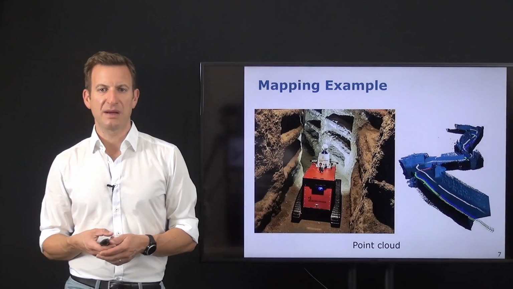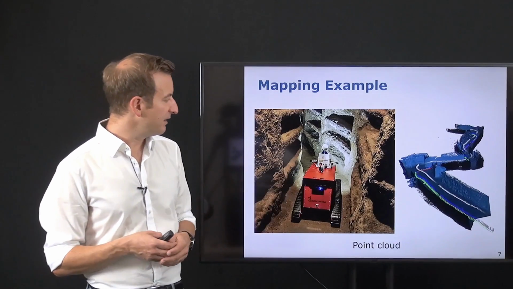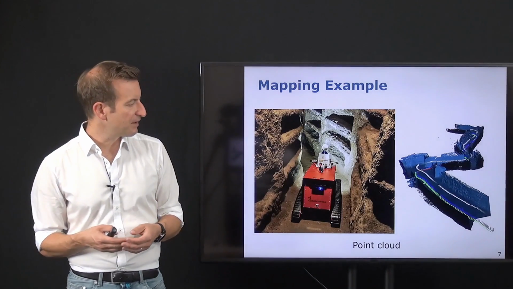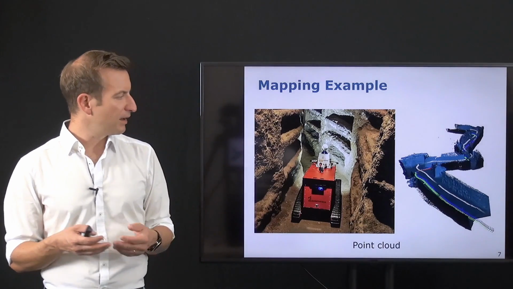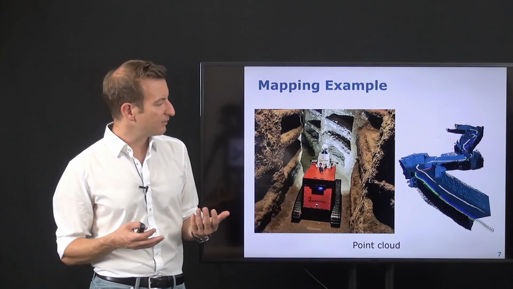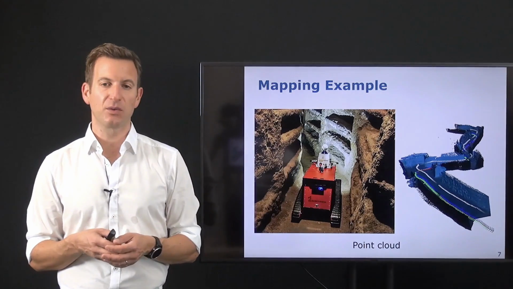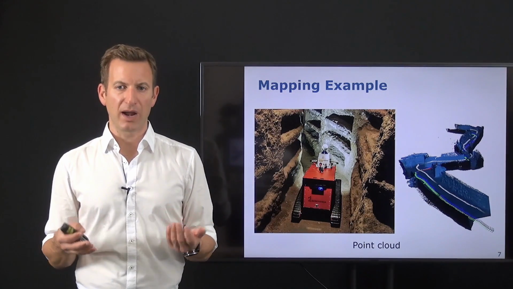We can also build other types of representations. This is a platform navigating through the catacombs of Rome, a platform that we built together with other partners within a European project, from Rome, Algorithmica, KU Leuven, and Aachen, and other cooperation partners, with the goal of exploring catacombs or ancient structures.